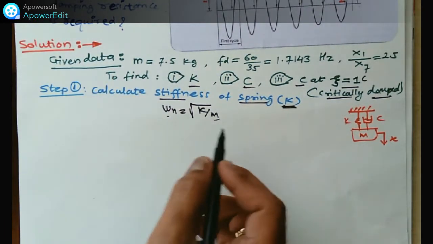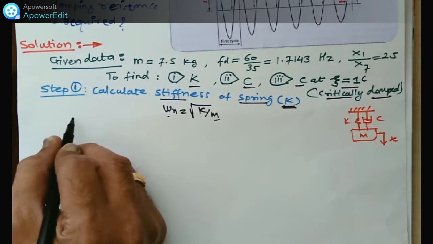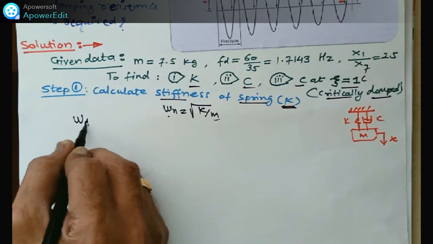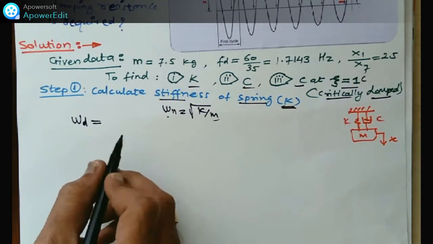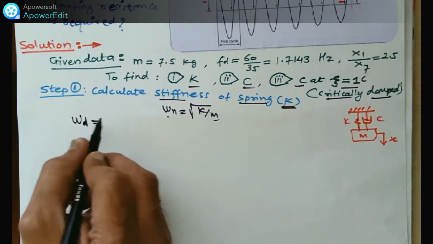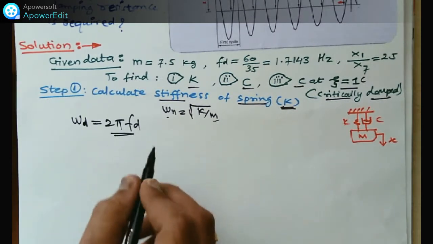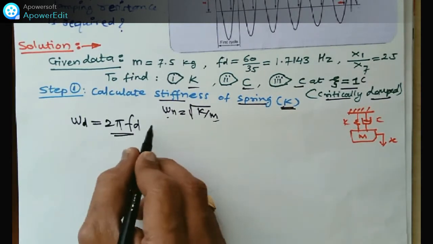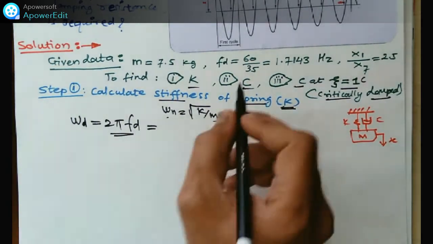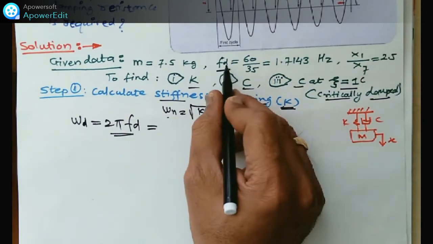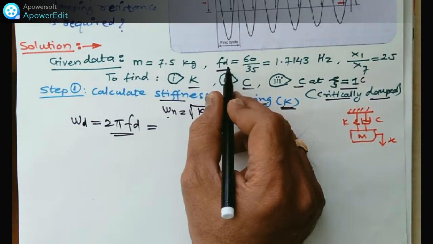But we can find the value of omega d, the damped frequency. The damped frequency can be found using the formula omega d equals 2 pi fd. 2 pi is a constant, so we find fd, the damped frequency.